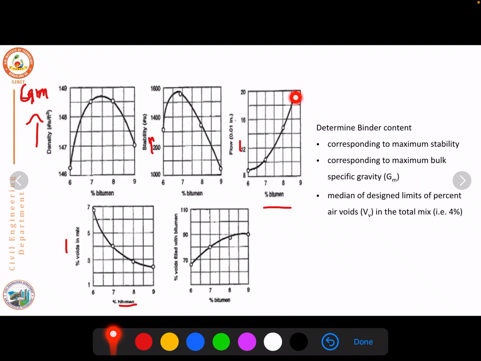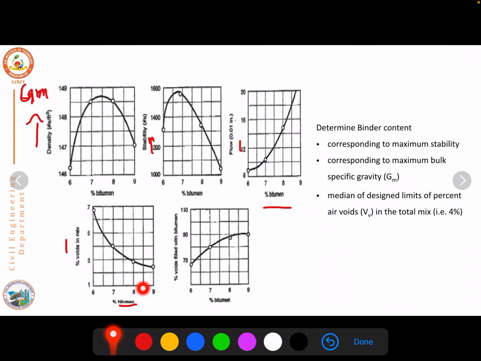Flow value is nothing but the deformation. As the bitumen binder content increases, the mix becomes less stable, and the deformation will be higher in such mixes. As the binder content increases, the total voids in the mix reduce, because the air voids are replaced by the binder content.